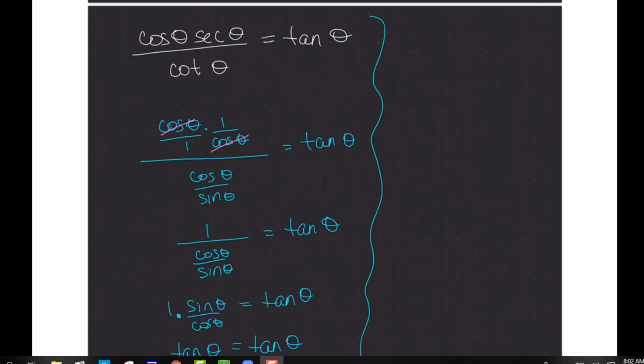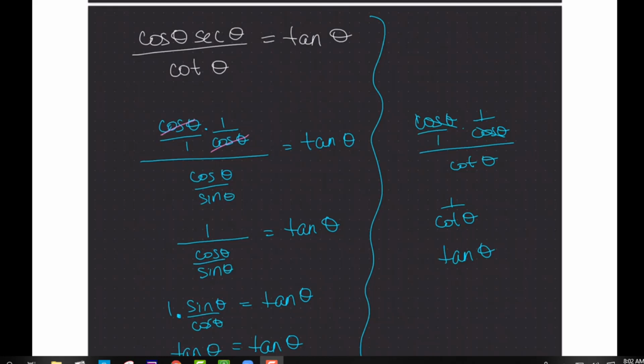From here, if you just had cosine theta over 1 times 1 over cosine theta, and you wanted to leave that as cotangent theta, these guys cancel out. So now you have 1 over cotangent of theta. And even from there, what's the reciprocal of cotangent? Tangent. Yep. If you can see those steps, then by all means, go ahead and take it.